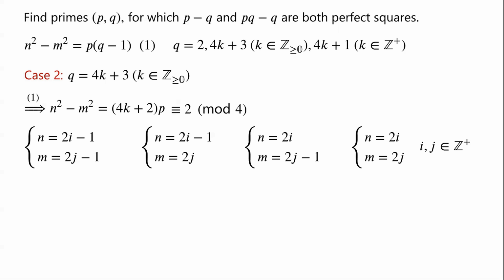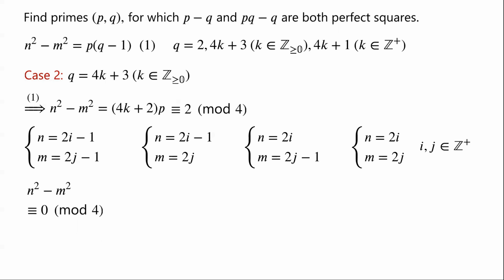For n equals 2i minus 1 and m equals 2j minus 1, n squared minus m squared equals 4i squared minus 4i minus 4j squared plus 4j, which is congruent to 0 modulo 4.